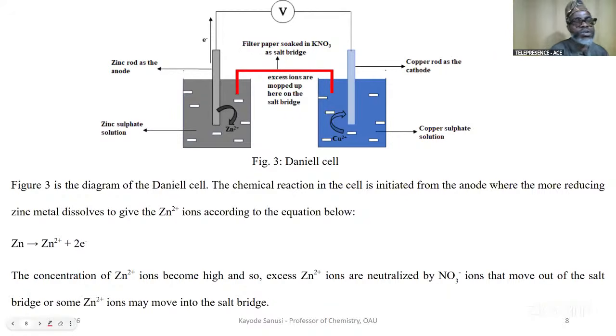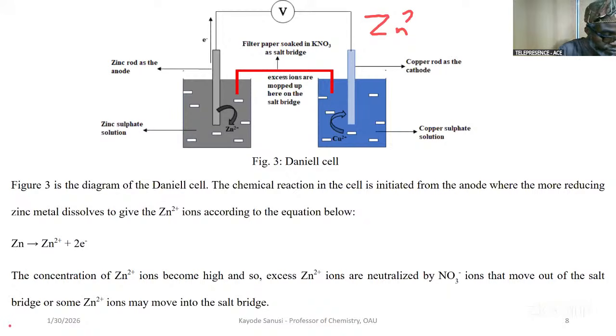All right. So how is this cell able to produce current? That is what you need to understand. So the zinc rod dissolves to produce zinc ions into the solution. As it is dissolving, this is the reaction that is taking place.